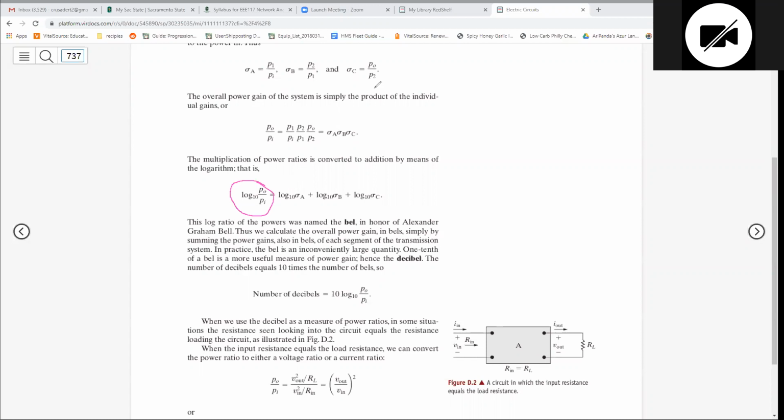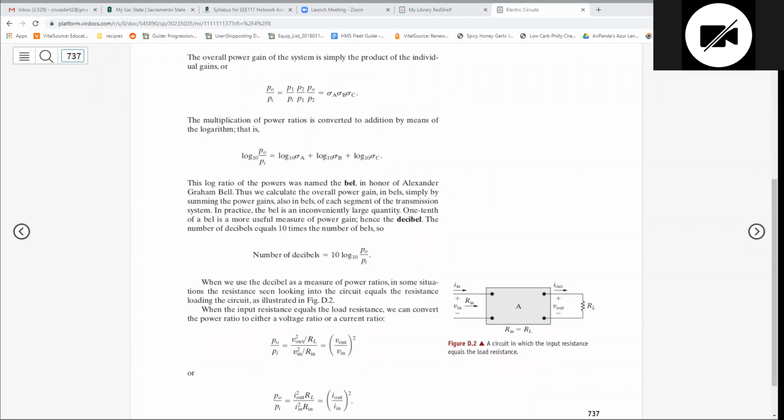Okay. Now, real quick, they decided to start putting this into action, and they realized that this Bell was way too big. It was way too strong of a number, and they were getting numbers like 0.01 or 0.5 every single time, right? And they're like, I don't like dealing with decimals. So they said, well, let's just divide this up by 10. So instead, let's call this a decibel, right?